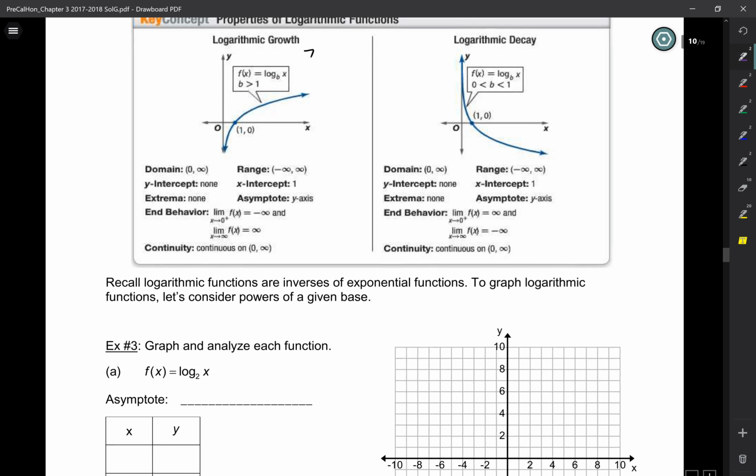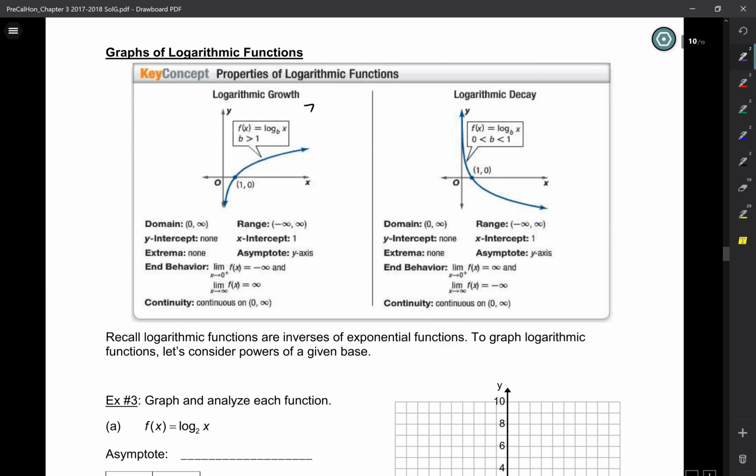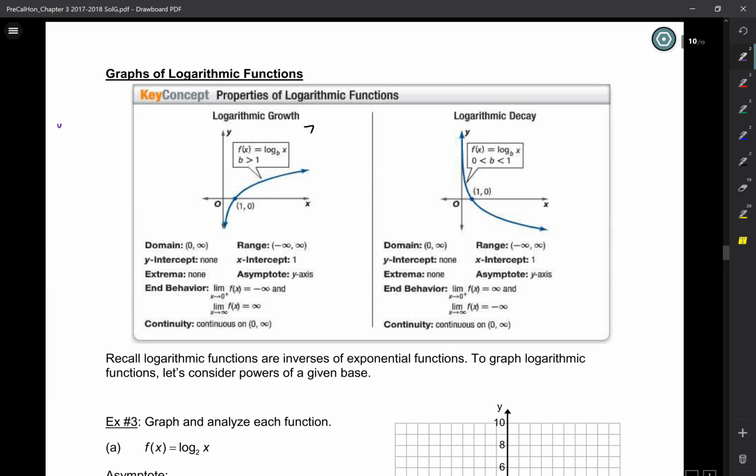So let's remind ourselves. If you have y equals e to the x, okay? What's the domain? Negative to positive infinity, the domain. And what's the range? 0 to infinity. And it has a horizontal asymptote, right?